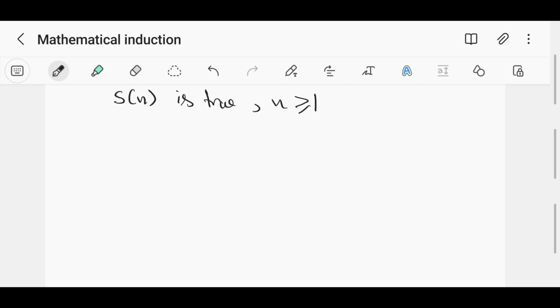So we prove that this S of n, that is a mathematical statement, is true for all n greater than or equal to 1. Here we follow some steps to say that this statement is true. Step 1, we will be proving for one particular point.